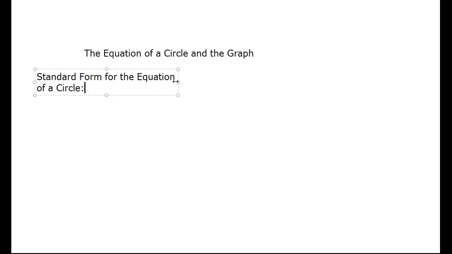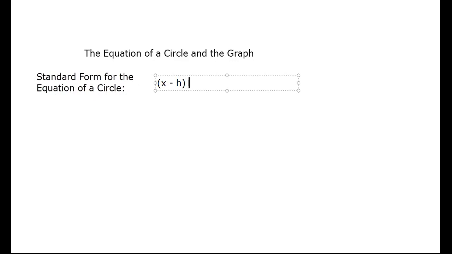And in the standard form of the equation, you see some things. This is the standard form. You're going to want to know this through this whole lesson. So it's (x minus h) quantity squared plus (y minus k) quantity squared equals r squared.